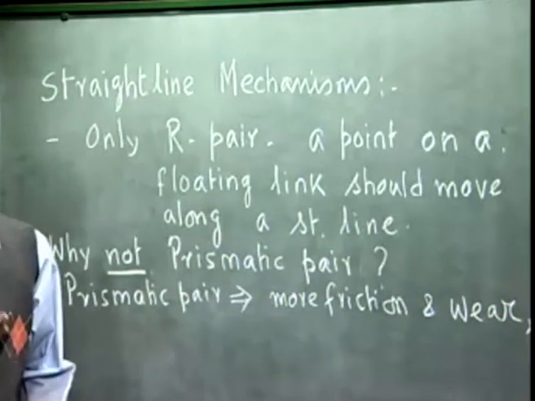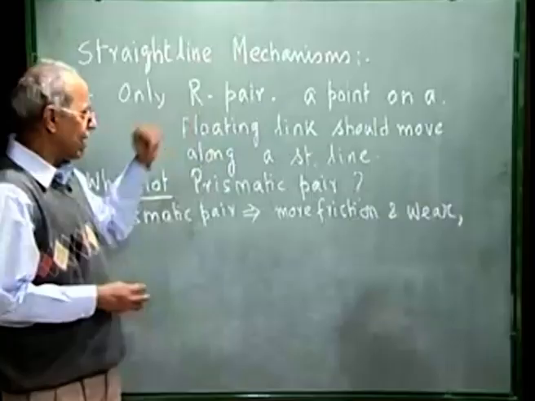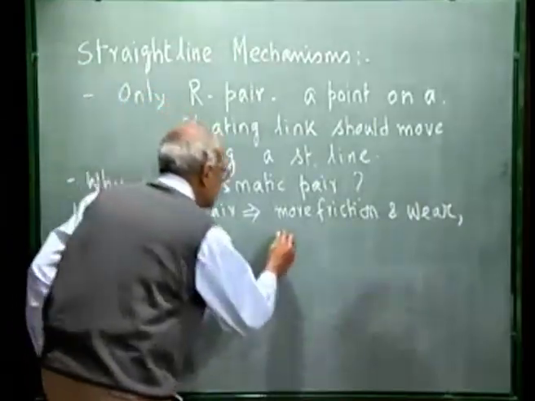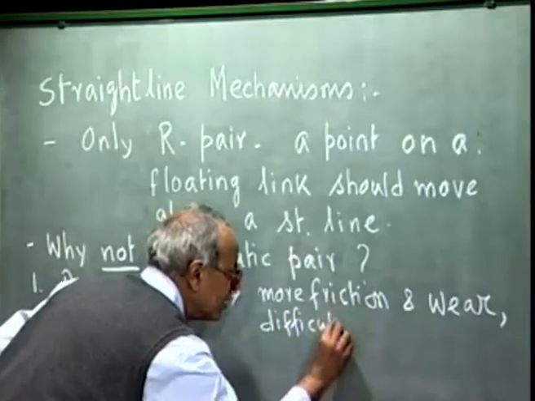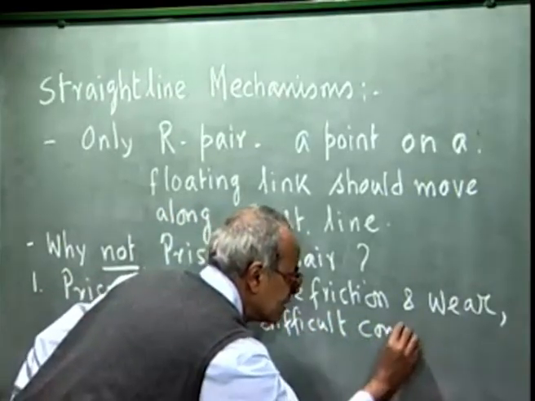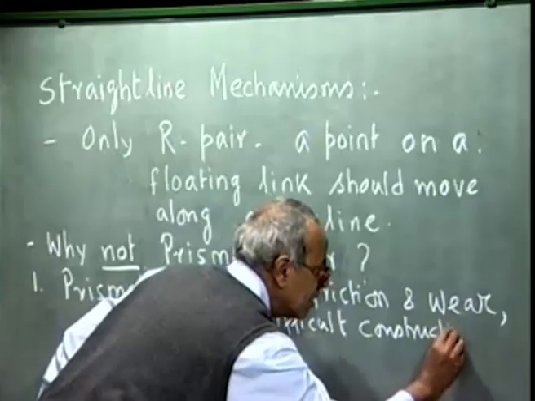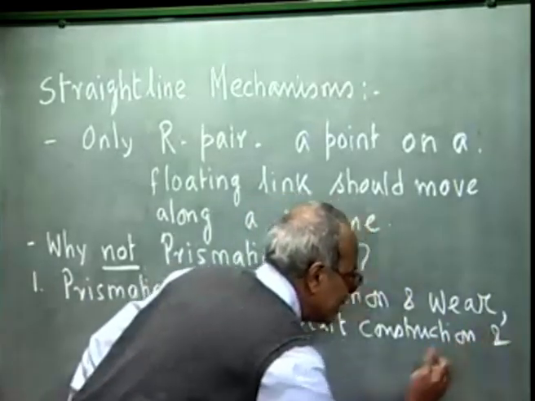difficulty of manufacturing a prismatic pair as compared to an R pair, that is, difficult construction and maintenance.